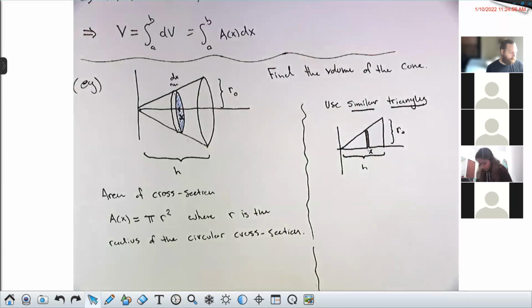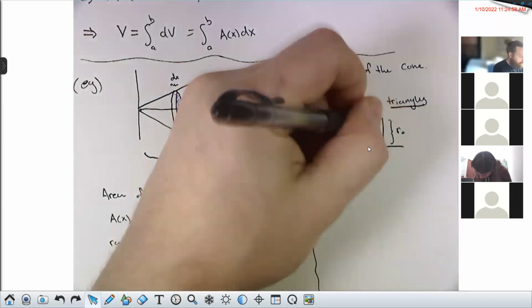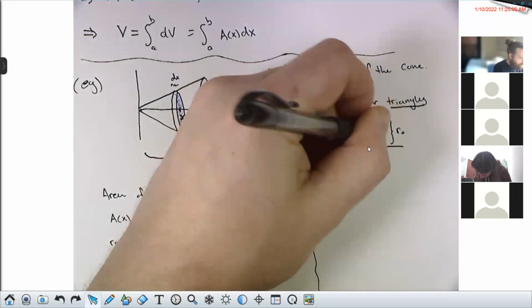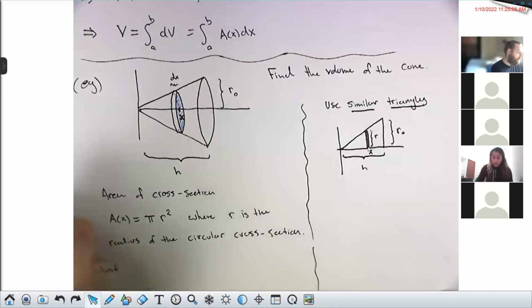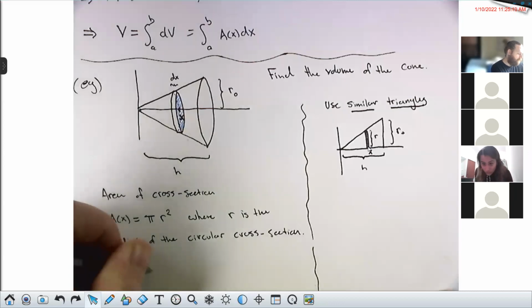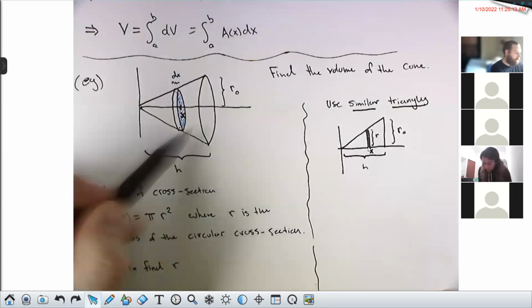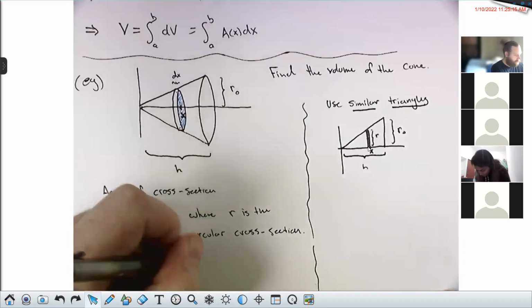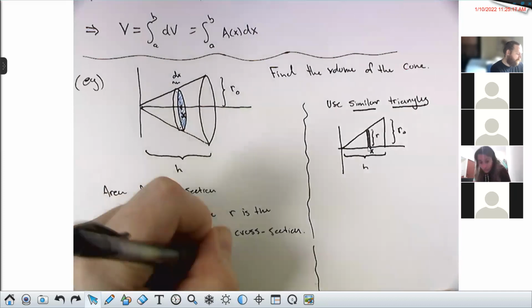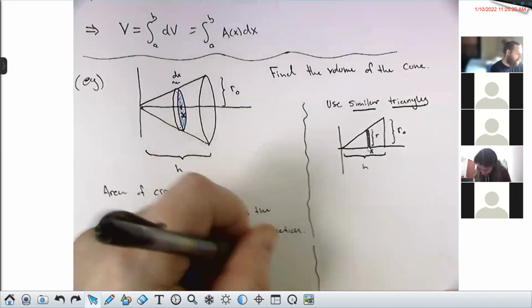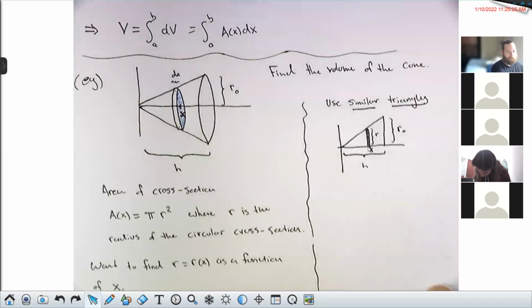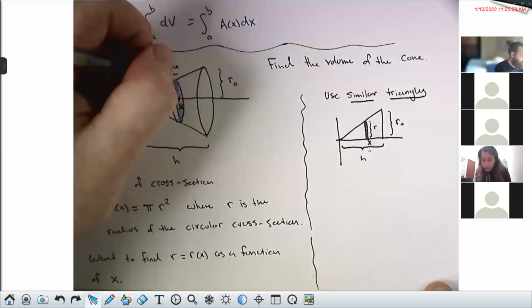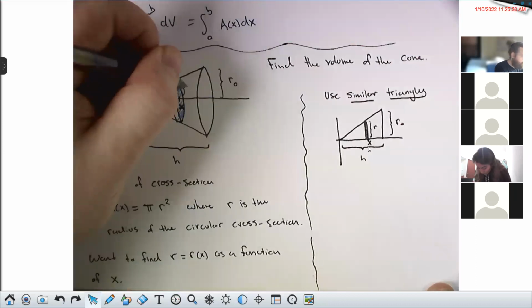The thing I'm looking for is this radius, right? I want to find the radius of this cross section as a function of X, where I'm taking the cross section. I can draw the radius in here. It's this distance.